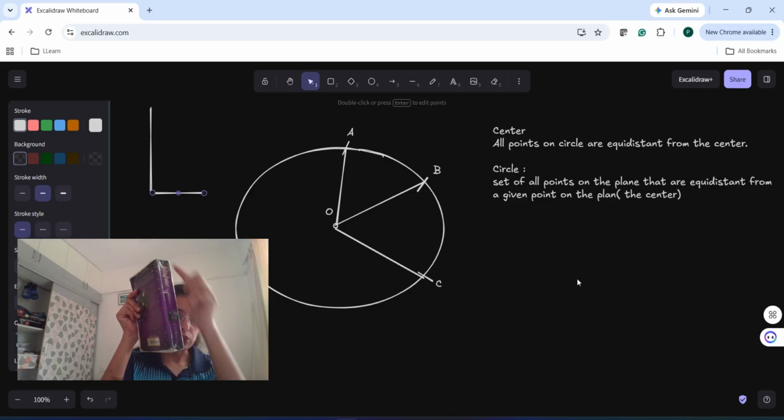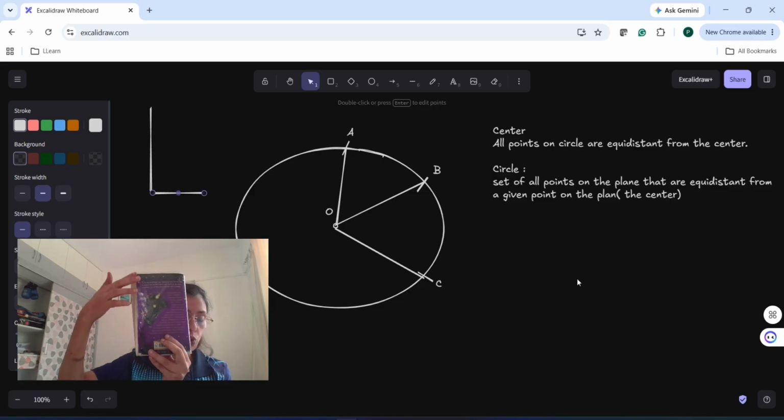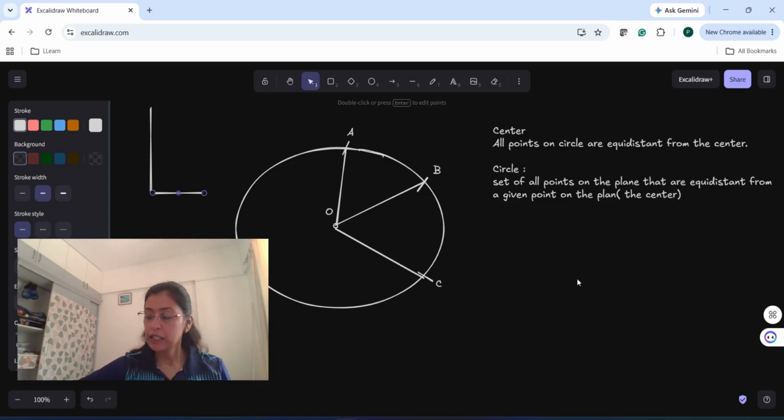So it has all three dimensions. But if I keep only this and see only this side of the book, it has only two dimensions, length and width. If I take the page of a book and stick it here, that will show me only two dimensions. But in the space where I am sitting in this room, I can see three dimensions. That is why we call this two-dimensional surface a plane.